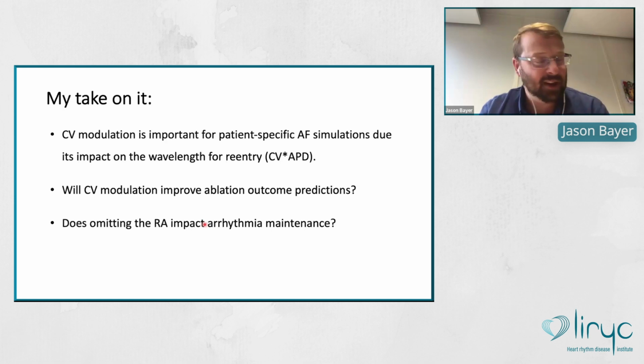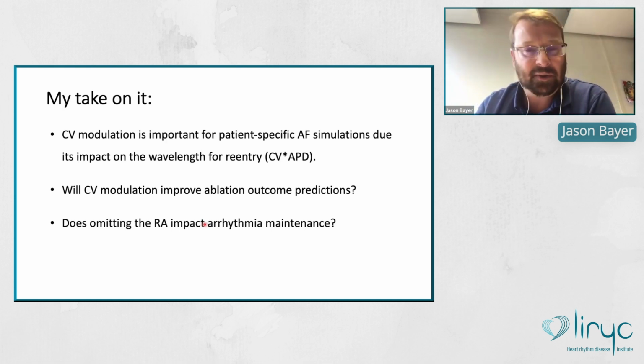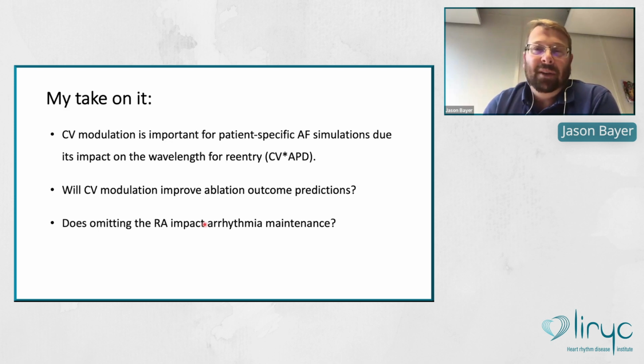One big thing for me is that they do omit the right atrium, and there's triggers from there, as well as its role in maintenance. I don't really know, by removing the right atrium, does this actually impact the maintenance aspect of all these? Because they're really looking at these recurrent arrhythmias, changing the CV. Maybe, maybe not.